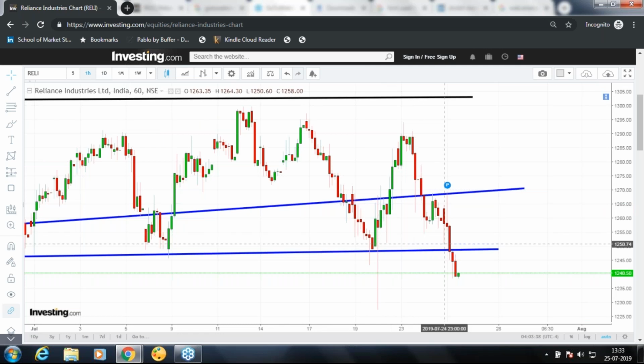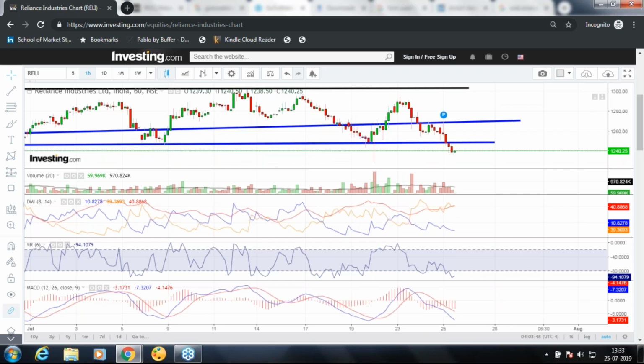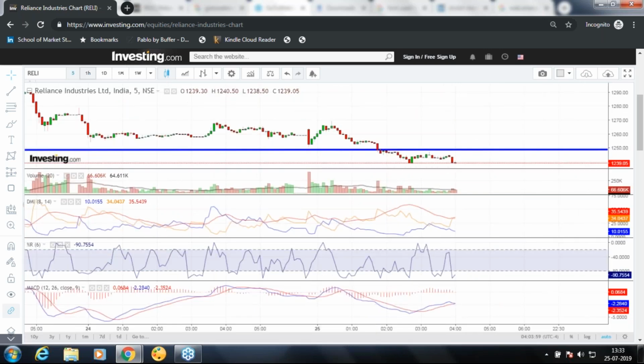So as I told you, although it is breaking that 1240 level, the stock is kind of oversold on the percentage R, so there could be a throwback, right? So this is the hourly chart, and on the very actionable chart, which is a 5 minute chart, also here it is showing overbought.